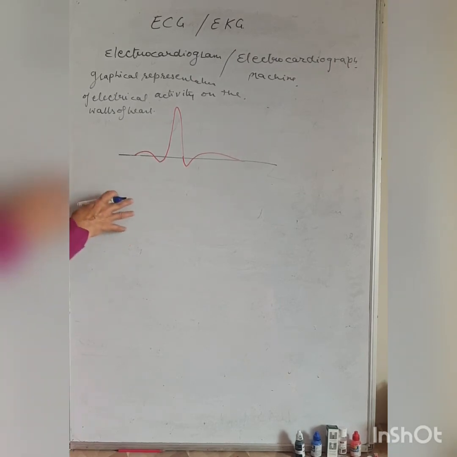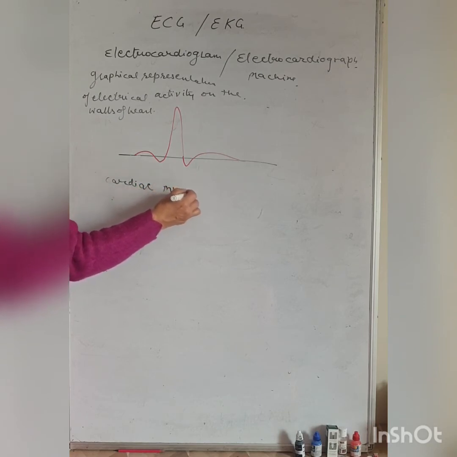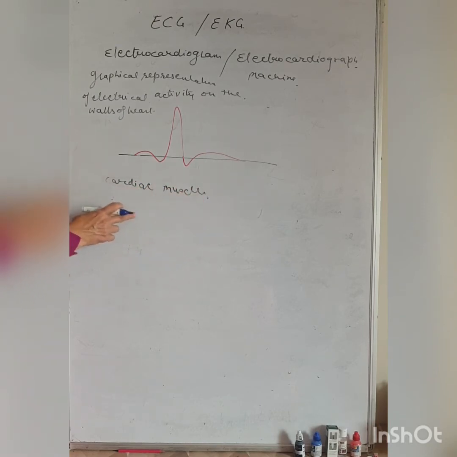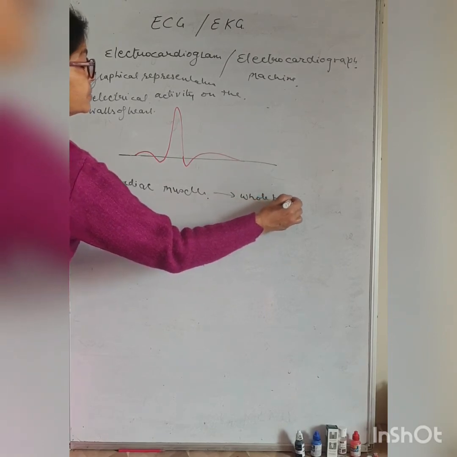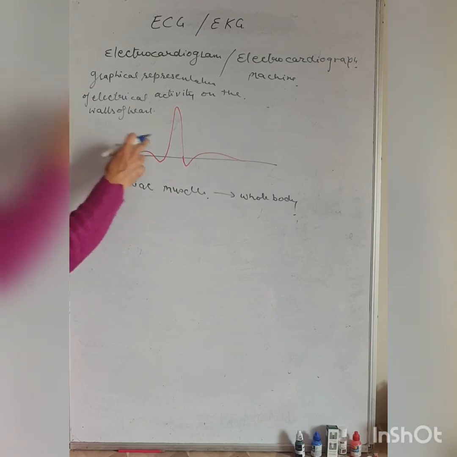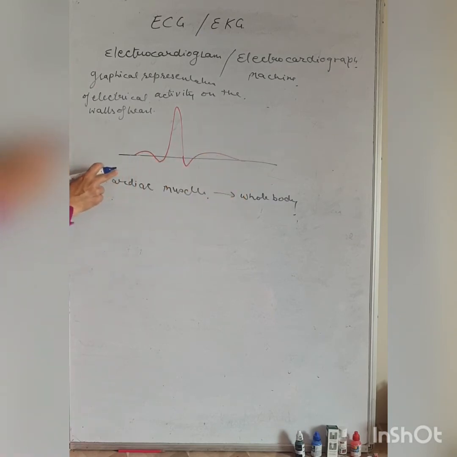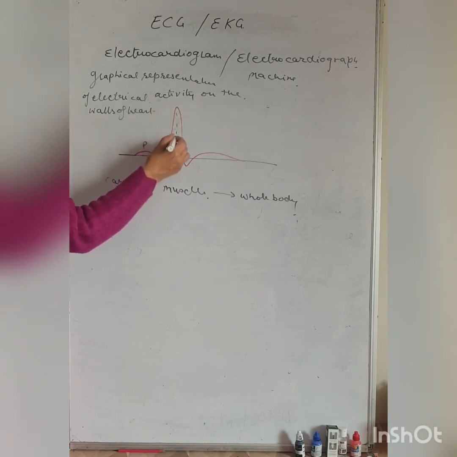So we know the heart is a myogenic heart. The cardiac muscle fibers generate electric impulses that transfer to the whole body and conduct the signal, represented on the paper like this. So these waves we discuss, starting with this one, the P wave, up to here.